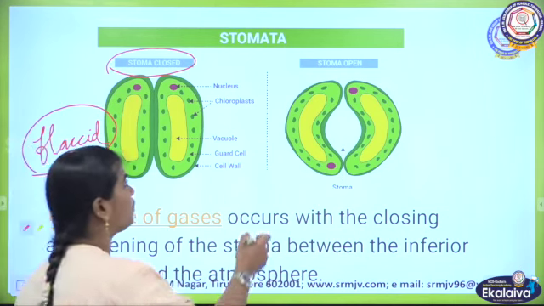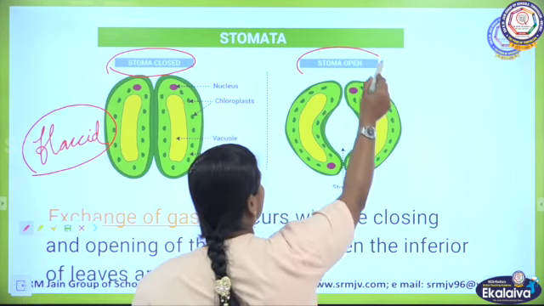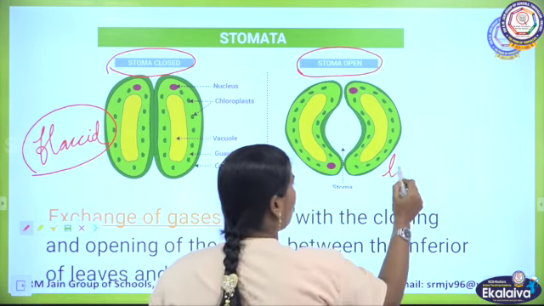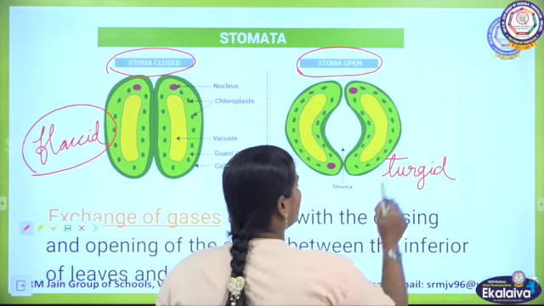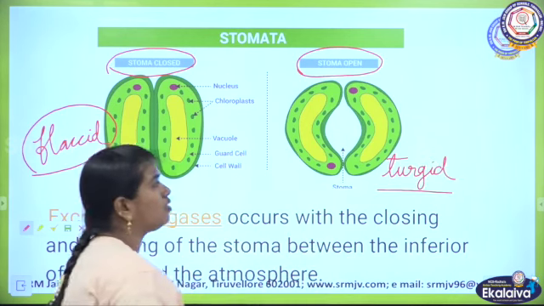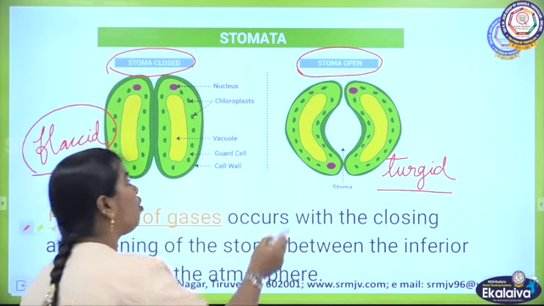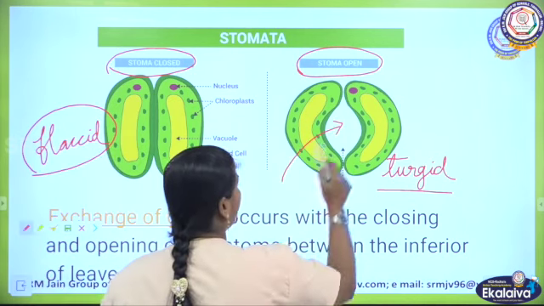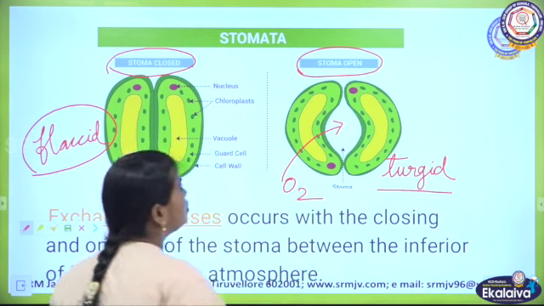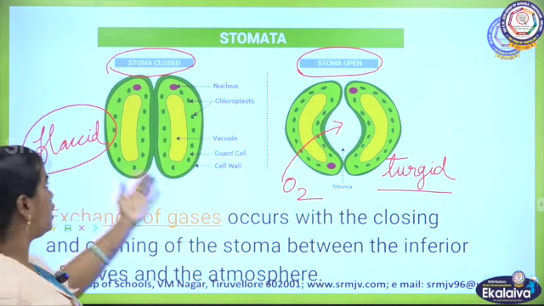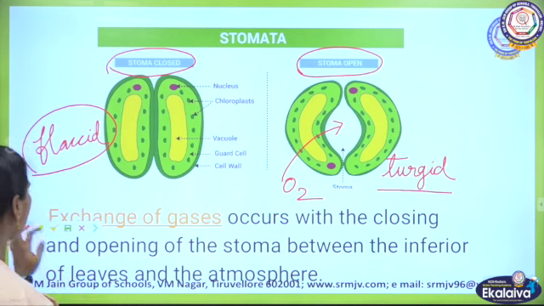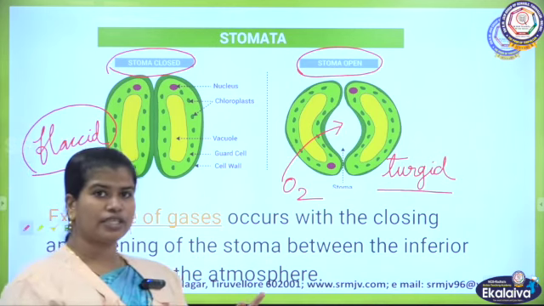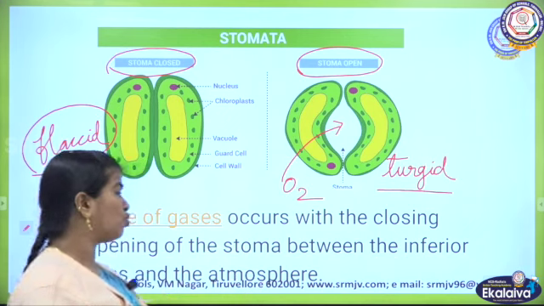When the stomata is open, we call it turgid. When the guard cells are in the turgid position, oxygen will enter through diffusion, and during the flaccid stage it will come out through diffusion. This is how gaseous exchange takes place through stomata.